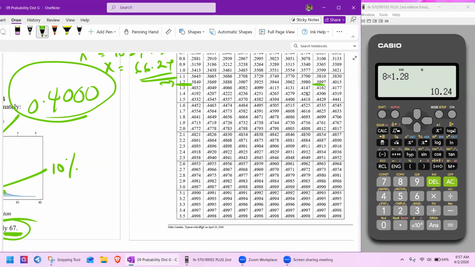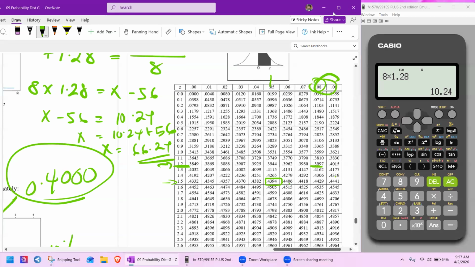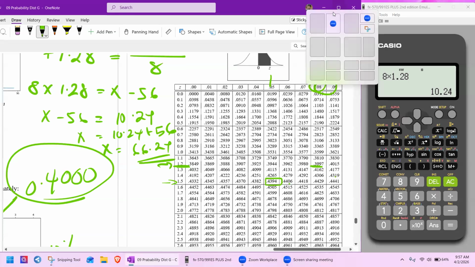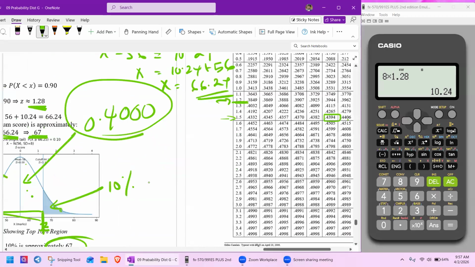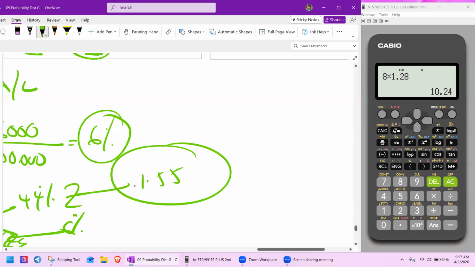Where is it? Right, approximately this one. The set score, the cutout, will be 1.55. So this is the set score.